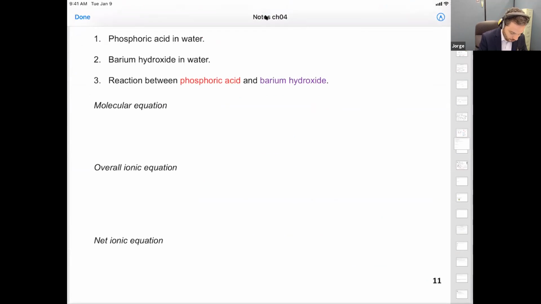Some books, when you have H3PO4 or any acid that has more than one hydrogen in the formula, will not lose the three hydrogens at once. So you might find the stepwise reactions: lose one hydrogen first, then the second, then the third.